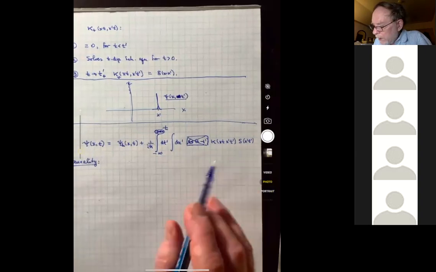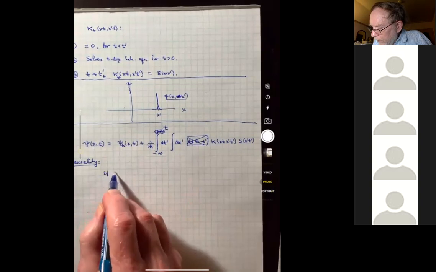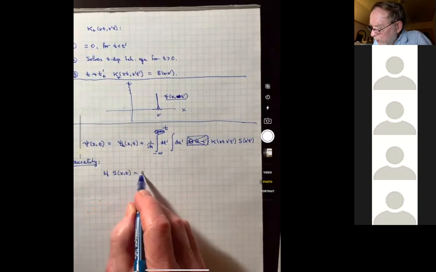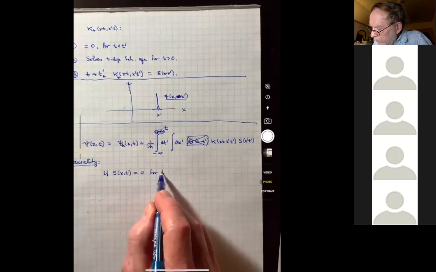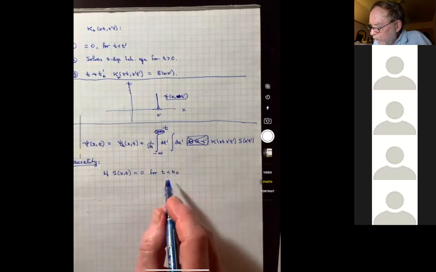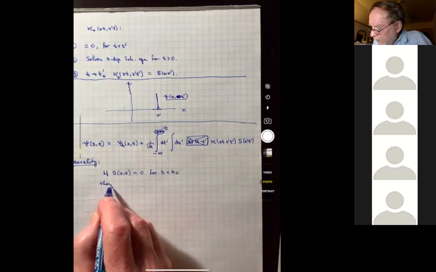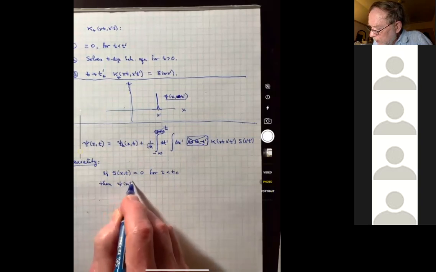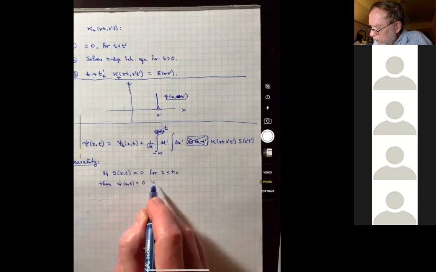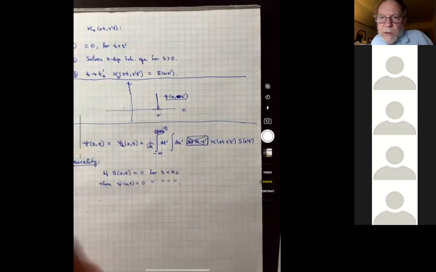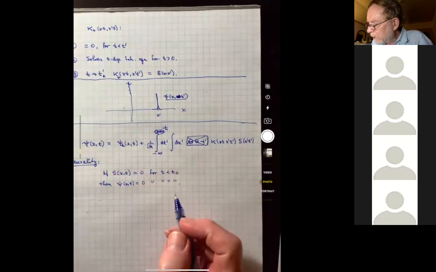Or to say it another way, if the source of x and t equals 0 for t below some turn-on time, I'll call t0, it vanishes before t equals t0, then for a causal solution we require that psi of x and t also be equal to 0 for t less than t0. Psi cannot appear until the source turns on, in other words.